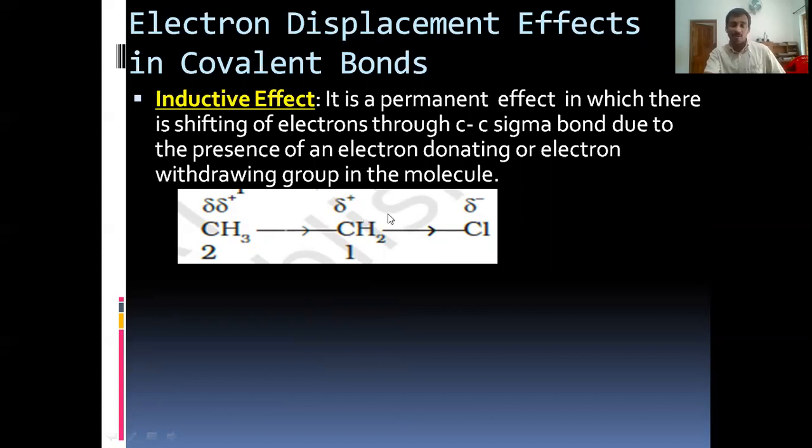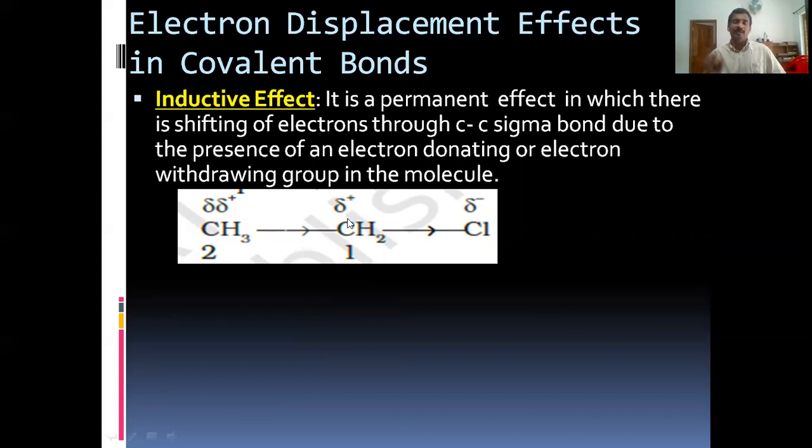The effect will not end here. This positive charge will attract this bonded pair of electrons. So it will extend through sigma bonds. Therefore, we can expect a slight shift of electron pairs to this carbon atom. As a result, a still smaller positive charge will develop here.